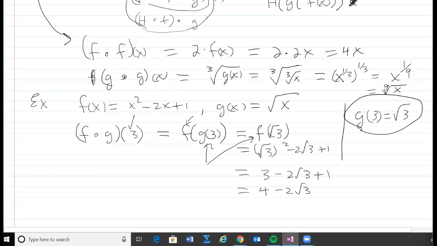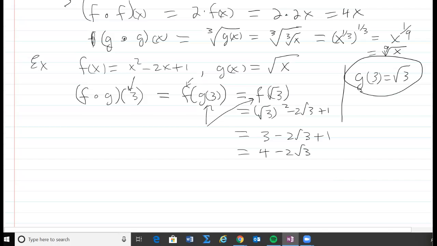If you're only going to do one value like this, then it pays to just do the problem like this. If you have several values to compute, like 3, 4, 5, 0, and -1, whatever it might be, it couldn't be -1, by the way, because you couldn't have a negative here, then you might want to find the function in general, the composition, and then do your work, because it might turn out to be easier.